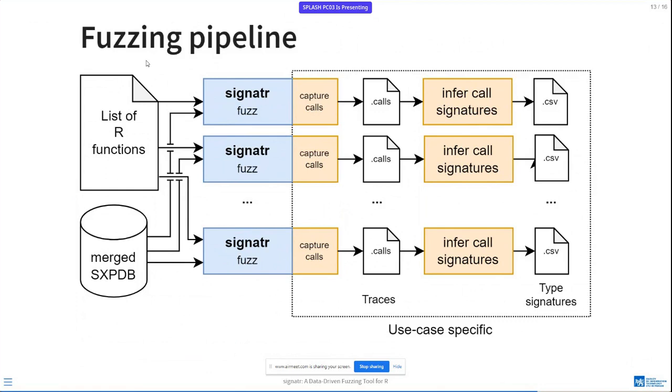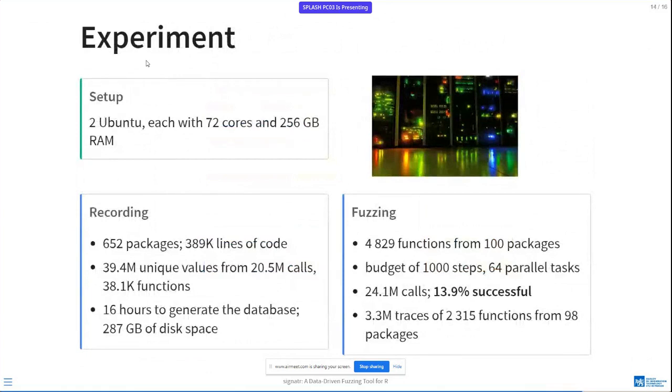We store the successful calls, and then we can just infer the signatures by looking at which arguments worked and which return value worked. And so we did that on 2 big servers, because we are going to run a lot of values to the functions. So 2 Ubuntu servers, each with 72 cores, about a quarter of a terabyte of RAM.